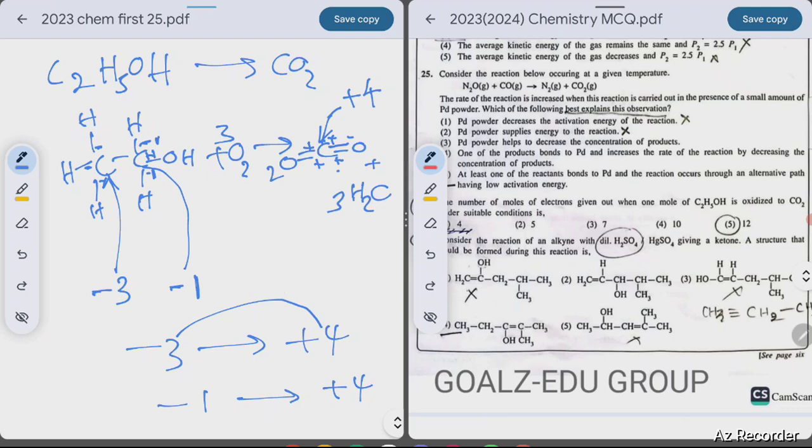From minus 3 to plus 4 means it has released how many electrons?